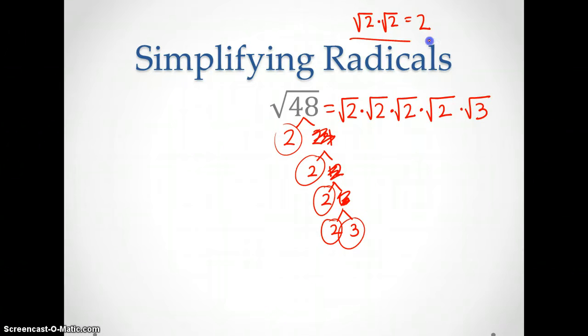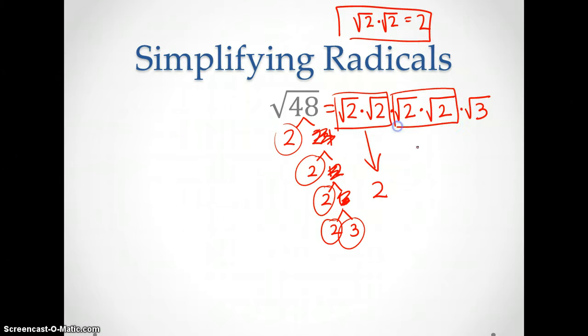I'm going to use this property we just talked about up at the top, and what I'm going to do is find matching square roots. Root 2 times root 2 is going to give me 2. I have another set of root 2 times root 2. That's going to give me another 2. And then notice the square root of 3. Well, it doesn't have a pair to match up with. It's just going to stay as square root of 3.